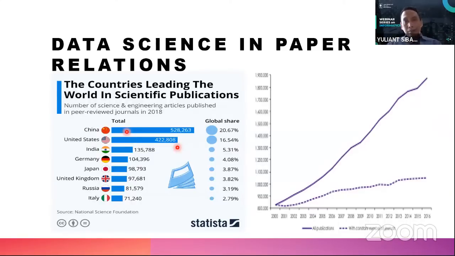And in the right graph, we can see that the increasing trend of paper production is increasing subtly. So in the next year or some next years, the production of papers will be more than this year.